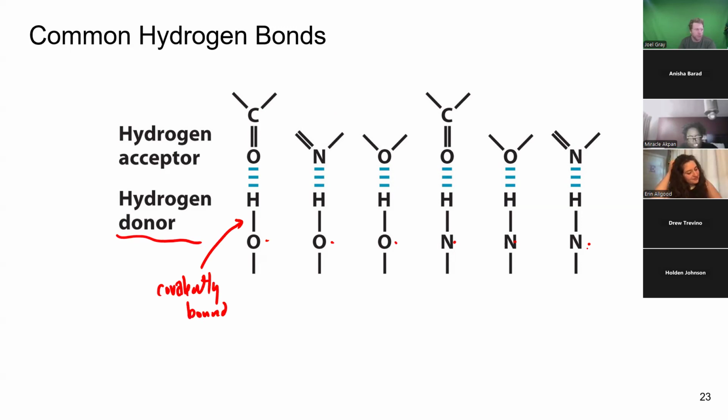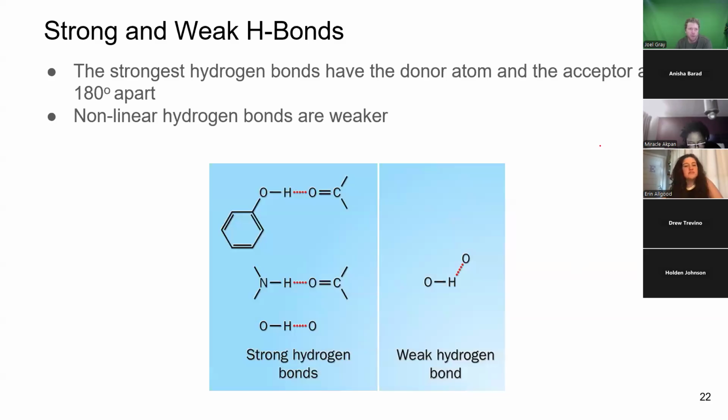I know that's an important thing to remember. The hydrogen bond acceptor has oxygen, nitrogen, or also fluorine. So it will be important for you to be able to recognize which species is the donor and which is the acceptor.